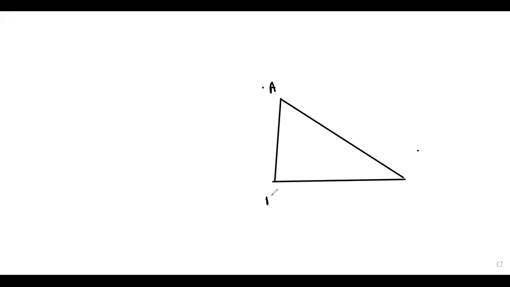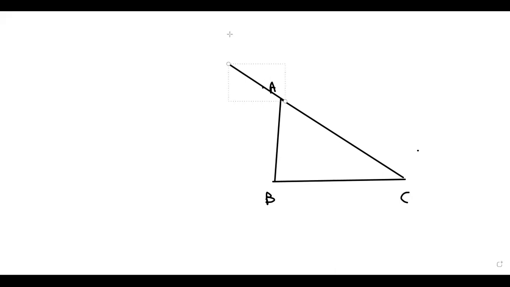If we have a triangle, the triangle has 3 interior angles, A, B, C. What if we are going to bisect the exterior angle?